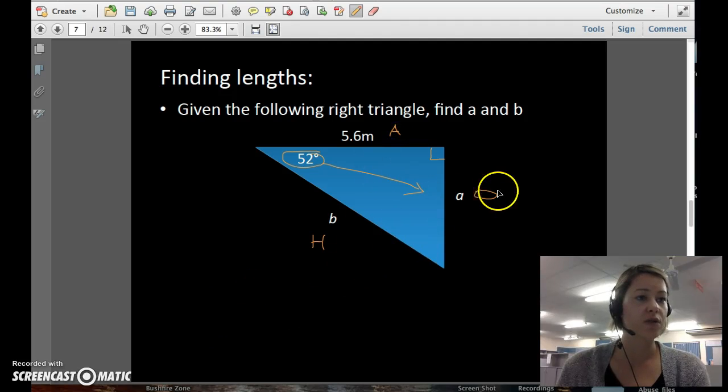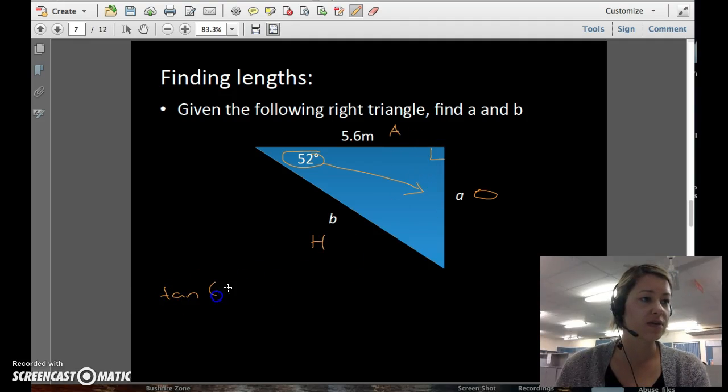So first of all, I'm going to find a. What trigonometric identity do I need to use to find a? Well, I want to find O and I have A, so I need to use tangent.